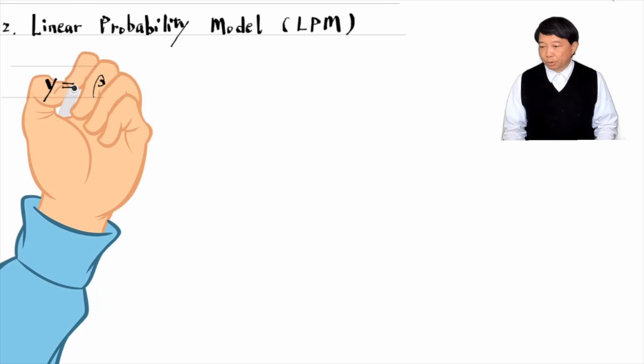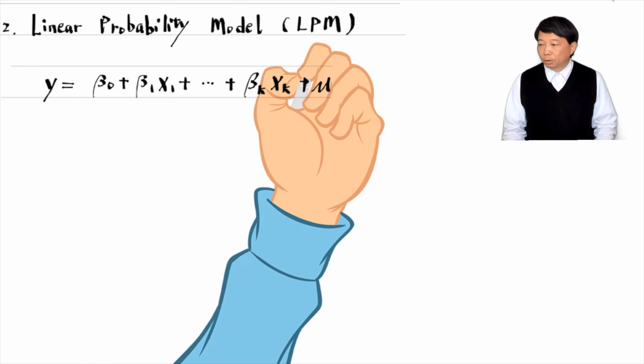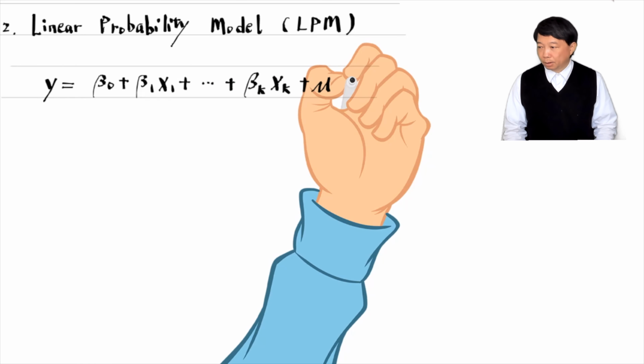In a linear regression model, when y is a dummy variable, the coefficient beta cannot be interpreted as the change in y for one unit increase in x, because y either changes from 0 to 1 or from 1 to 0.